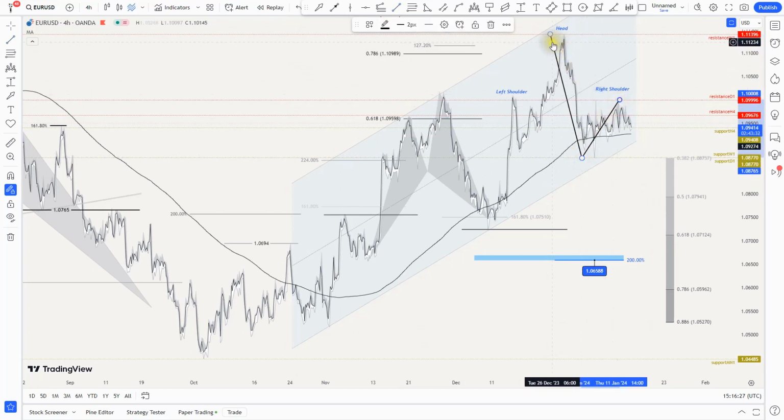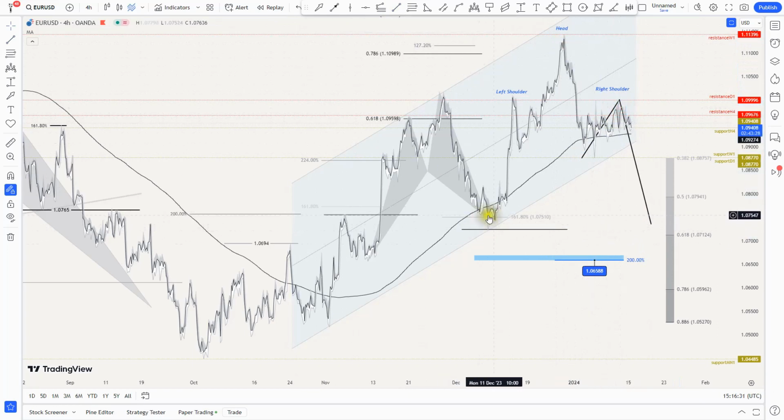One of them, the symmetrical projection, points to this previous fractal support, this previous low. So we have support at 107.24. We have a symmetrical pattern projected at this price zone, basically retesting the previous lows.